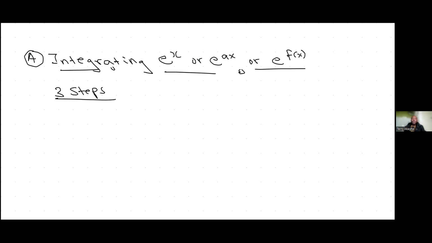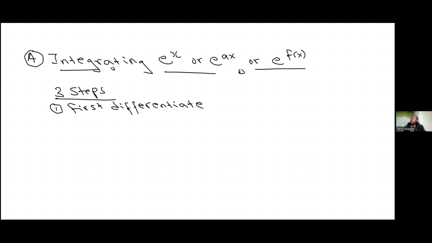The first thing you have to do is to differentiate the power. In this case, the power is x, in this case the power is ax, and in this case the power is f of x. So you have to first differentiate the power.